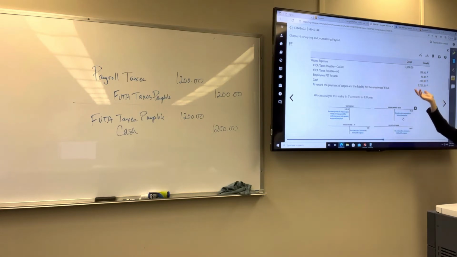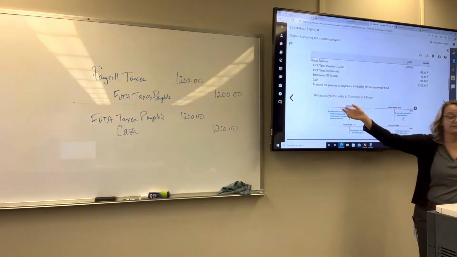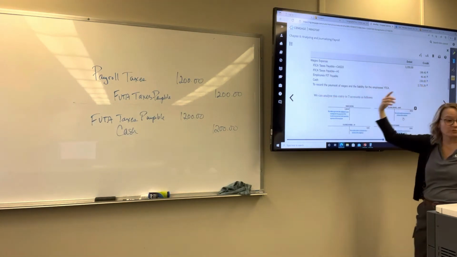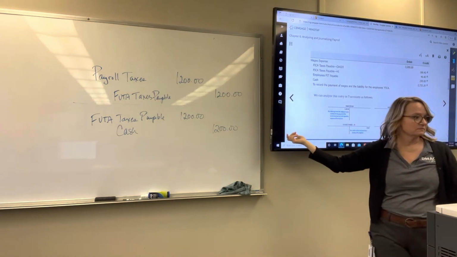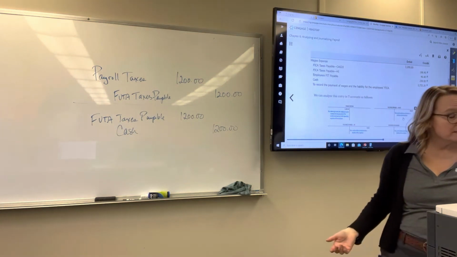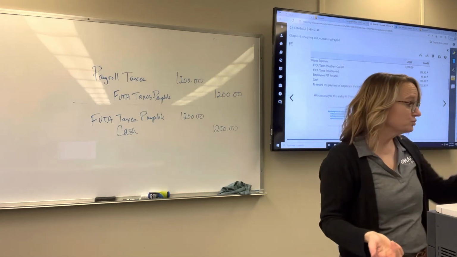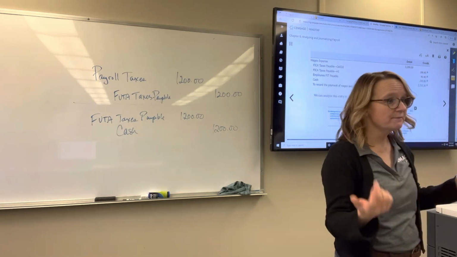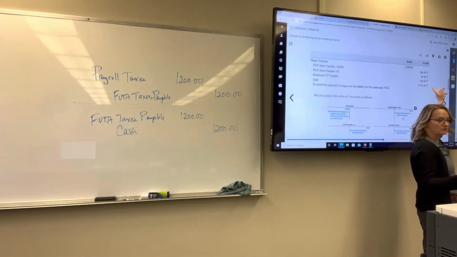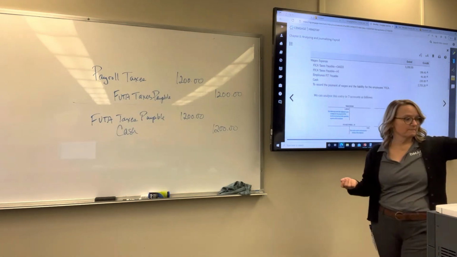Now, if we had state income taxes included in there, we would have another credit entered for the state income taxes. If they had other types of withholding, maybe a garnishment, health insurance, or dental insurance, we would have an additional credit for that particular line item.